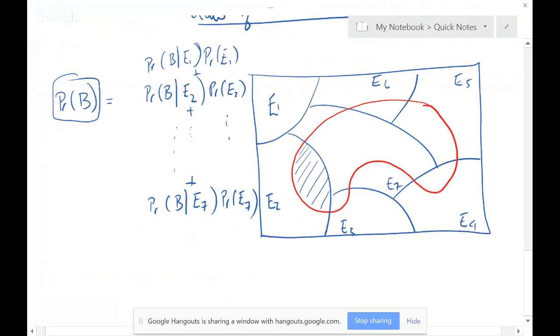You just add up all of these probabilities, and then you will get the probability of B. What has happened? Let's look at one specific term here. That is nothing but the probability of B given E2.